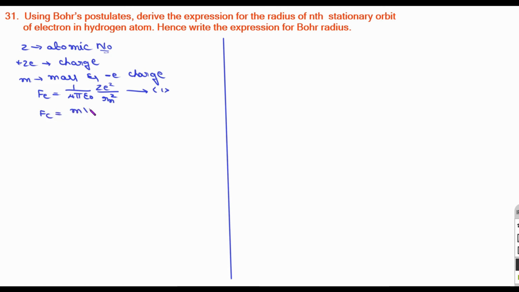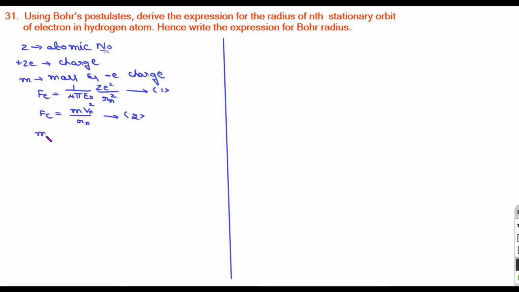So general formula for centripetal force is mv square by r, but here subscripts vn and rn must be added because it is in the nth stationary orbit. This is equation 2. So the electrostatic force is applying the centripetal force required for the electron to revolve.